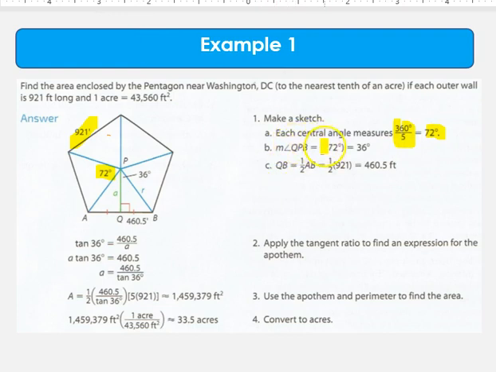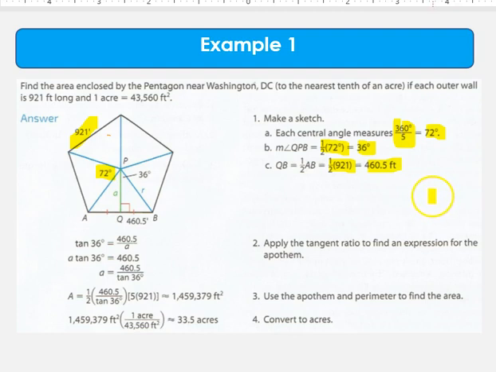So it's 1/2 of a central angle of 72, which is 36 degrees. And our side length will be 1/2 of the total side length AB, which is going to be 1/2 of 921, which is 460.5 feet. So this is exactly like the previous example I showed you.